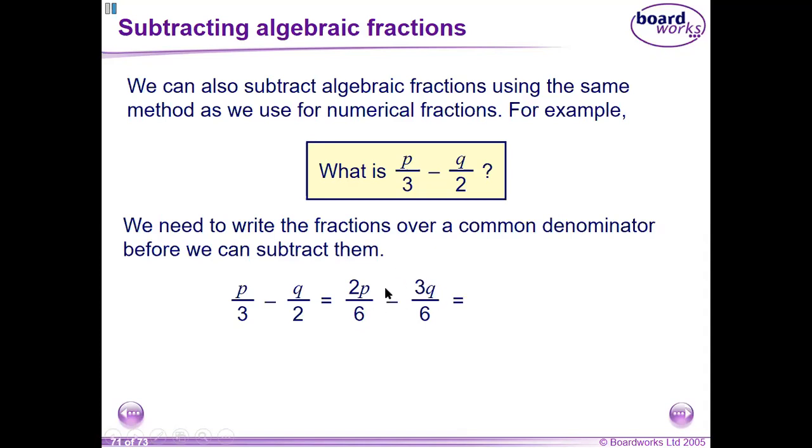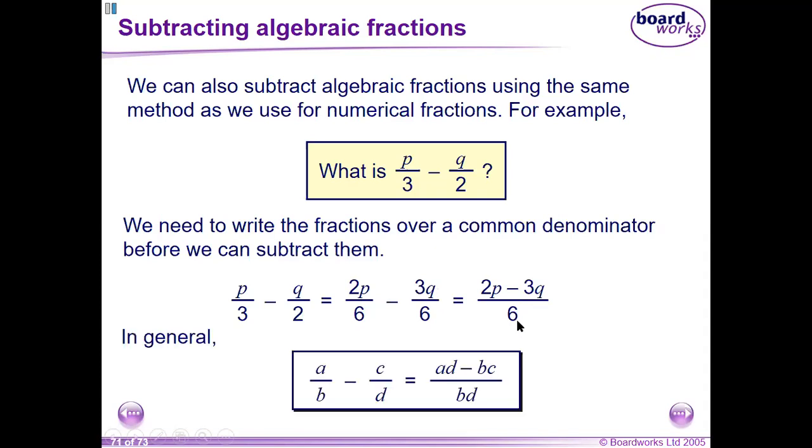Remember, we're subtracting now, so the 2p minus the 3q we can't simplify because they're not the same. So that gives us 2p minus 3q over 6. As we've seen with addition of algebraic fractions, a over b minus c over d will give us a times d subtract b times c over b times d, bd.